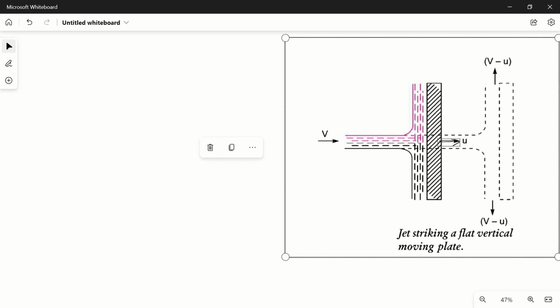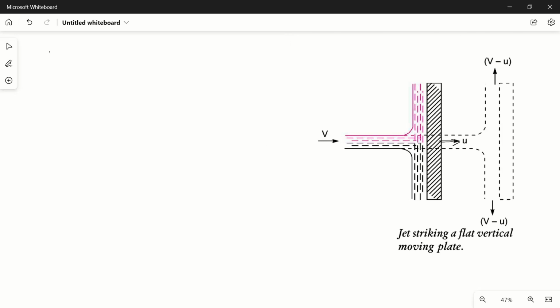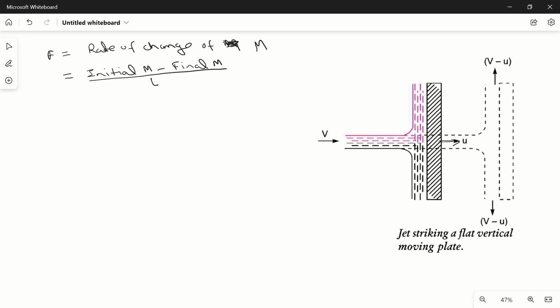So we already know that force is equal to rate of change of momentum. Suppose m is momentum. So F, the rate of change of momentum, is equal to initial momentum minus final momentum divided by time.